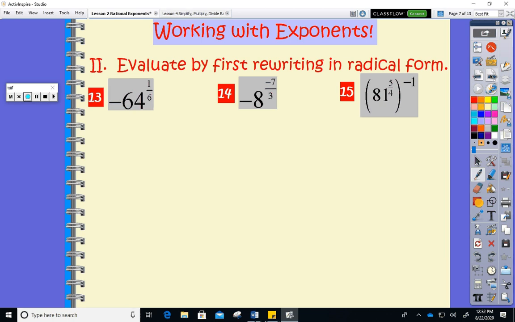All right, so last few. So look, I've got negatives on the first ones, and I want to remind you, if it said, for instance, (-64) to the 1/6, it would mean I was doing the 6th root of -64. All right, that's not what number 13 says.